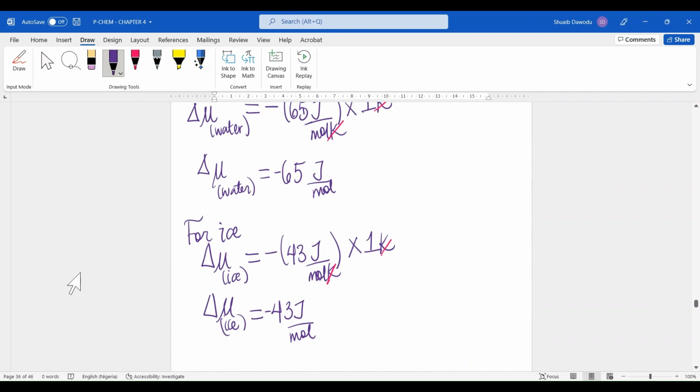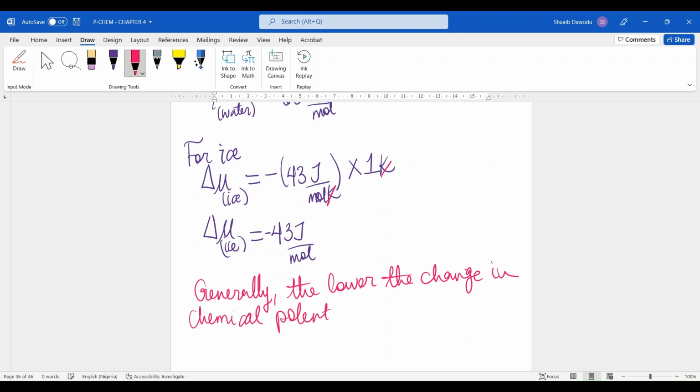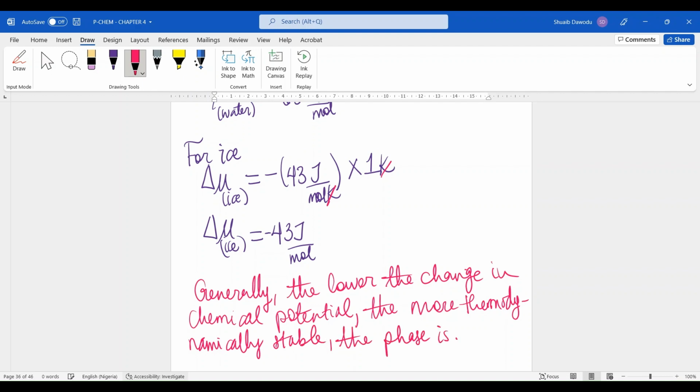The important thing you have to know, the general law anytime you want to find the more thermodynamically stable phase, is that when you're dealing with chemical potential, the lower the chemical potential, the more thermodynamically stable the phase is. So that's the general rule.